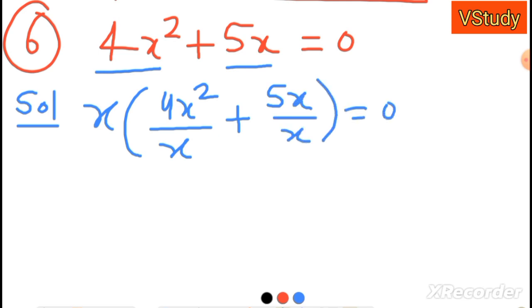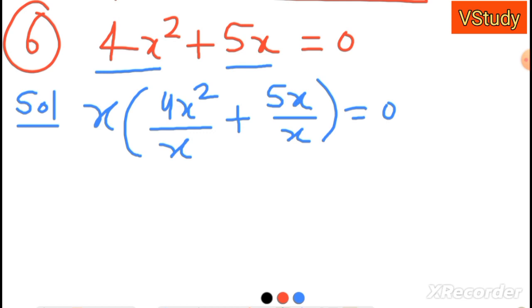We divide by the number or variable which we take common from both the terms. Here we take x common from both the terms, so we divide both the terms by x, as I showed here. I'm trying to teach you from a very basic concept.